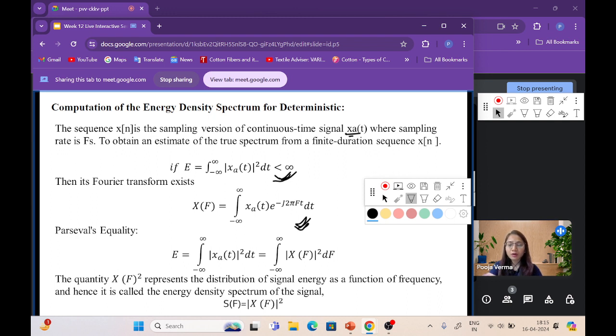The quantity mod of X of f represents the distribution of the signal energy as a function of frequency, and hence is called the energy density spectrum of a signal, that is S of f is equal to mod of X of f whole square. So the energy spectral density of any signal is represented by this S of f.